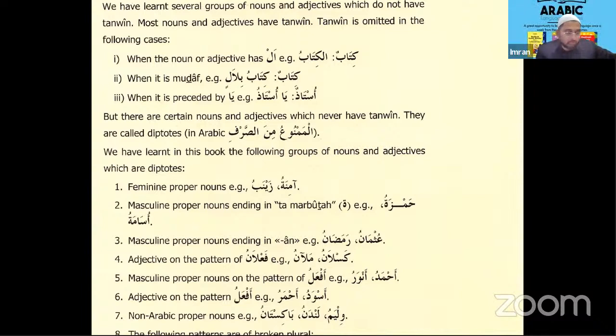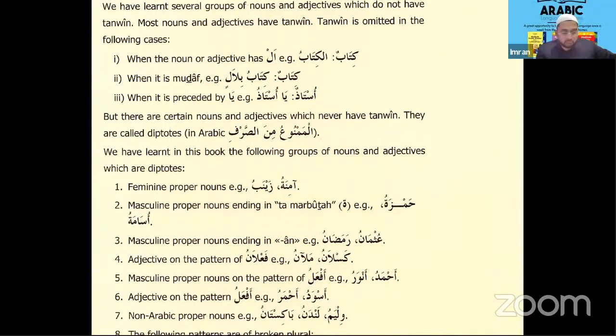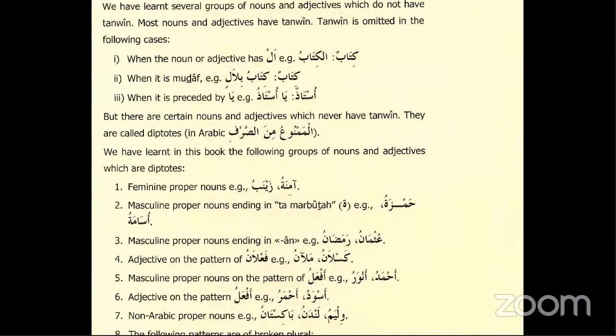Number 3, masculine proper nouns ending in an, for example, Uthmanu, Ramadanu. Number 4, adjectives on the pattern of fa'lanu, for example, kaslanu, mal'anu.